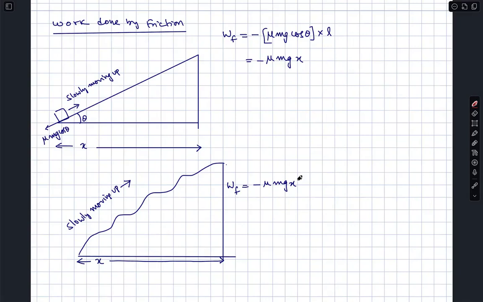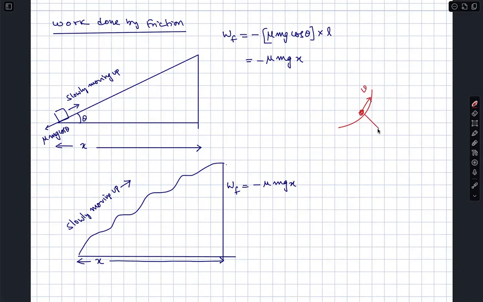You are not allowed to use this formula under one condition. What is that? If you are not moving slowly, you are not allowed. Because if you are moving slowly only, normal reaction is mg cos theta. If you are moving a bit faster, for example, you have a curvature like this, and the object is moving with some velocity v like this.